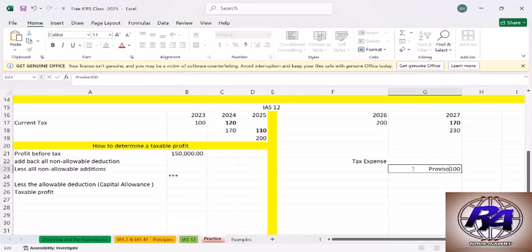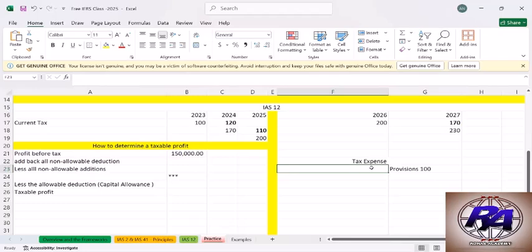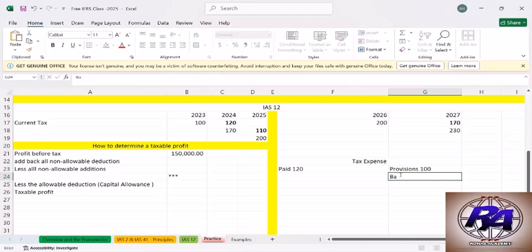So we made provision of 100, and then the tax authorities demand that we pay, so we paid 120. Let's balance this account. So our balance carried down will be here, of what? 20.